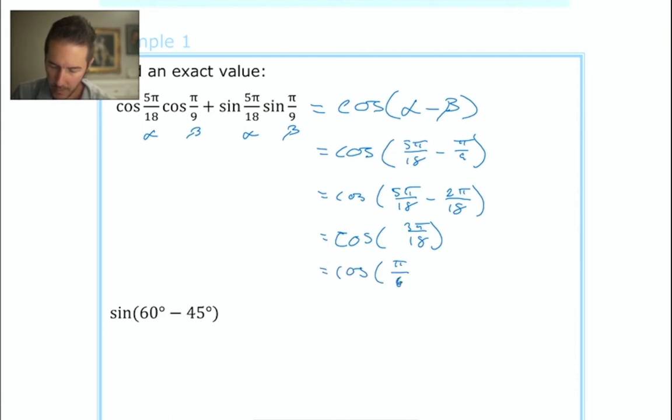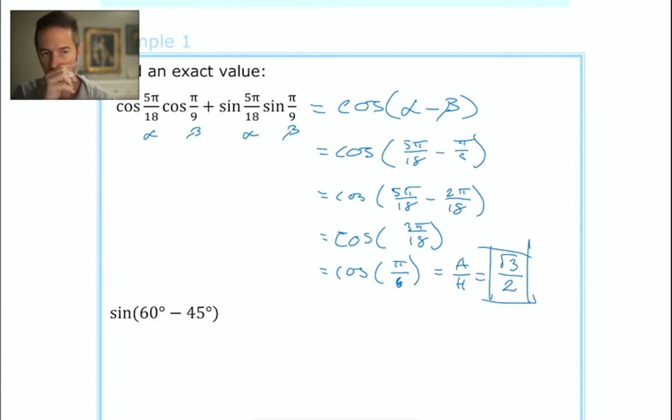Now we could stop there, except that this problem says find an exact value, and I'm capable of evaluating the cosine of pi over 6, and you should be too. This is adjacent over hypotenuse, low in the first quadrant. A final answer of root 3 over 2 would be ideal.